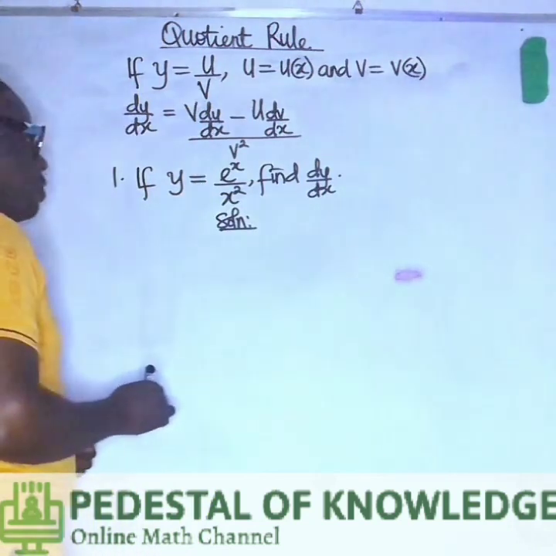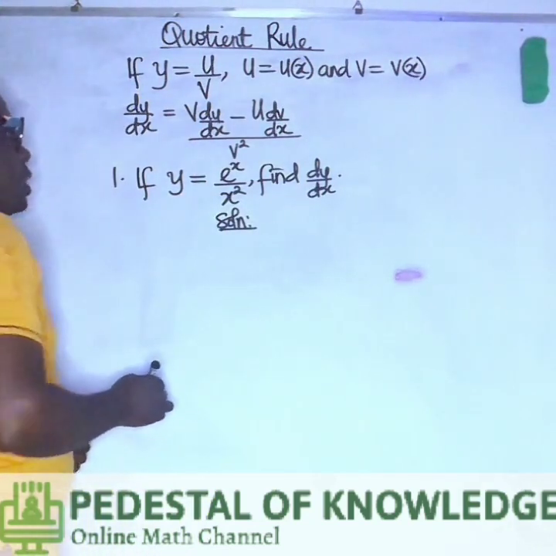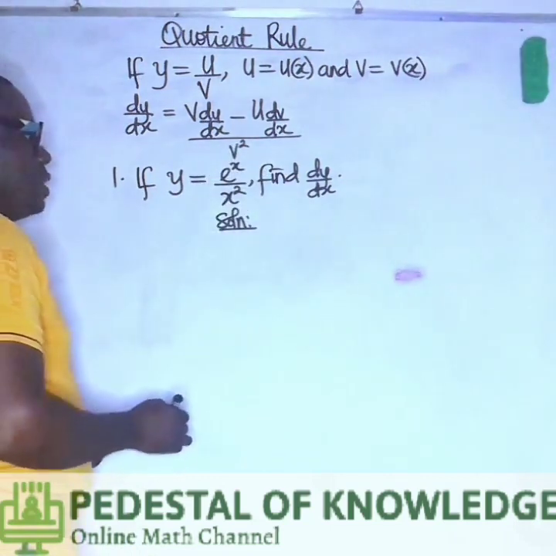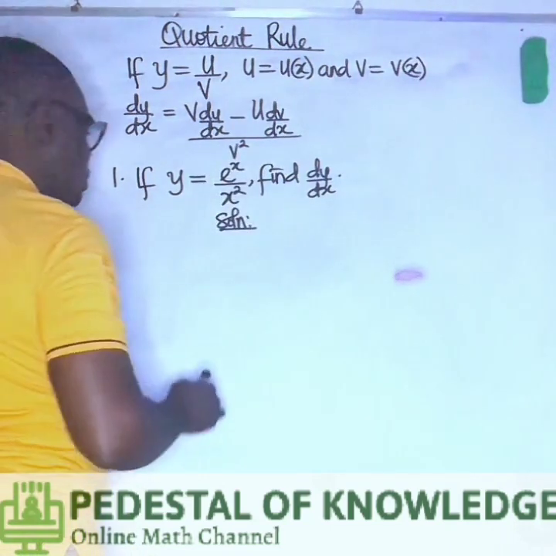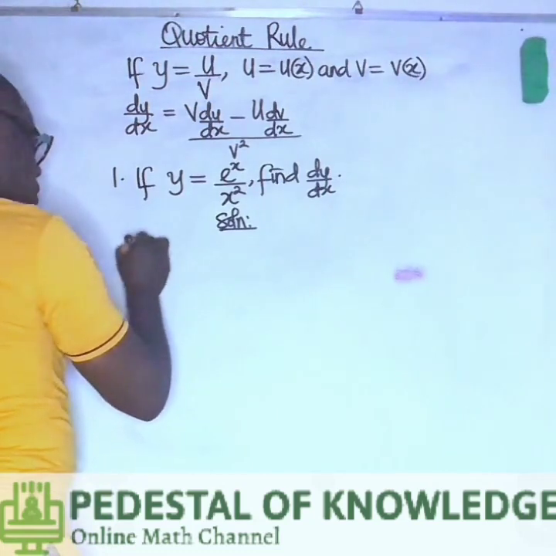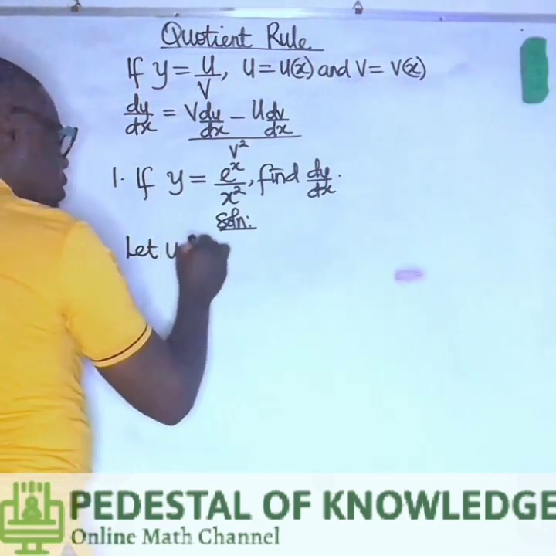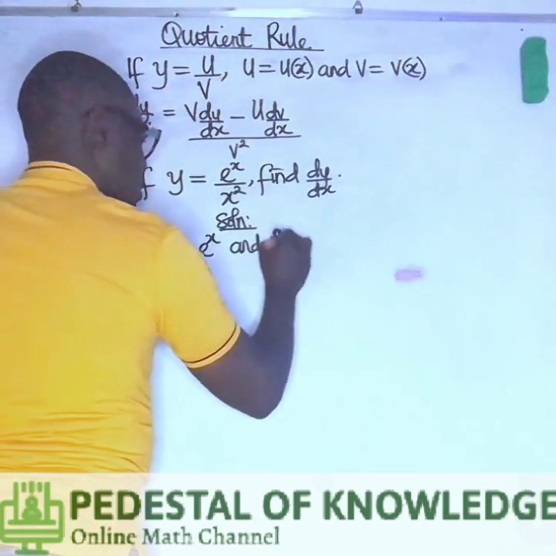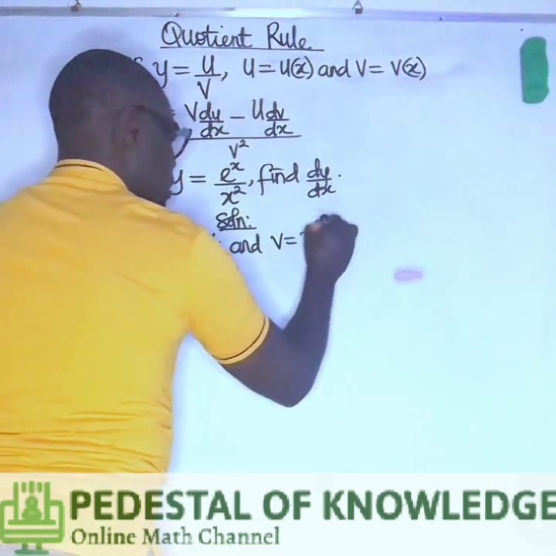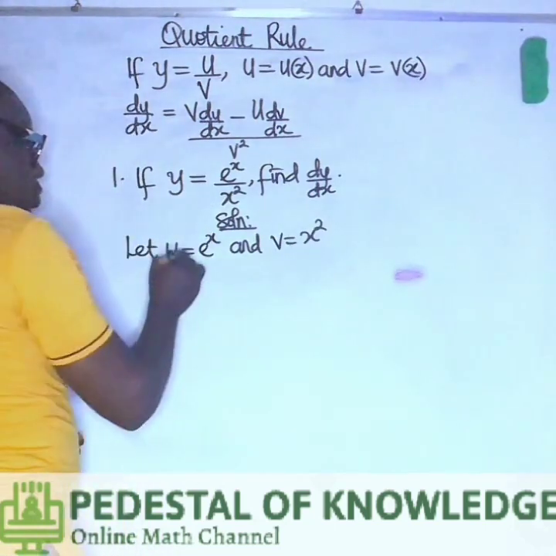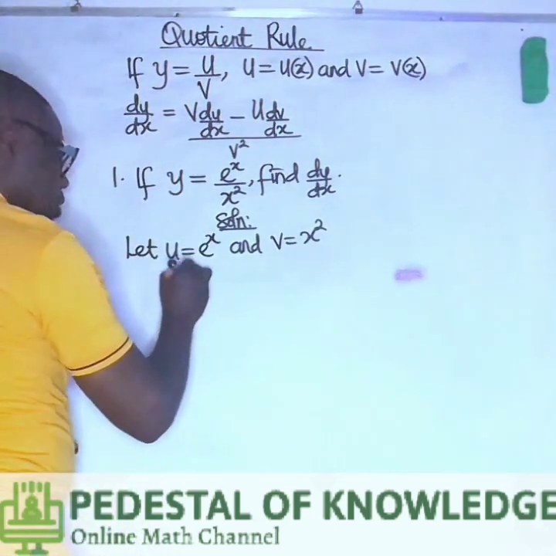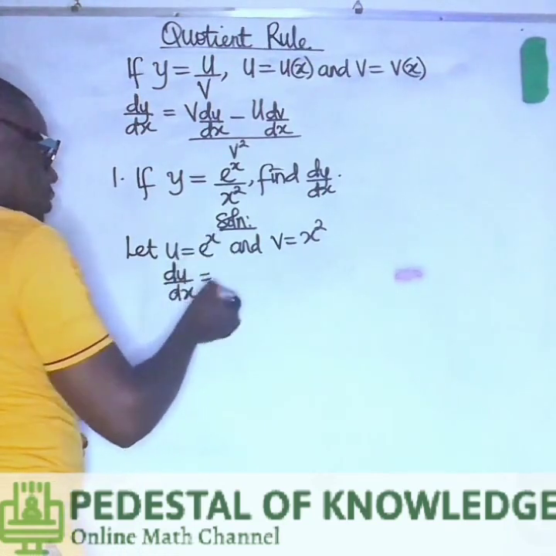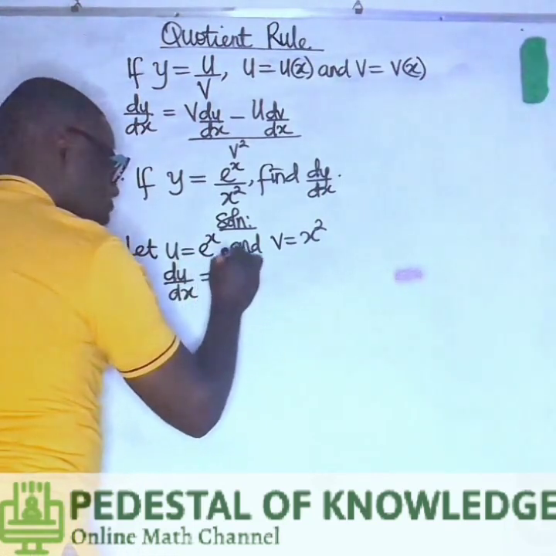Now, in problems involving quotients, what we are going to do is let u be equal to the numerator and let v be equal to the denominator. So, in doing that, we let u is equal to e raised to power x and v equal to x squared. When we differentiate u with respect to x, du/dx is equal to e to the x, since this function does not change no matter the number of times you differentiate it.